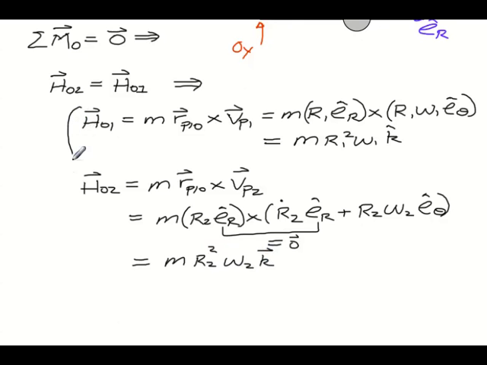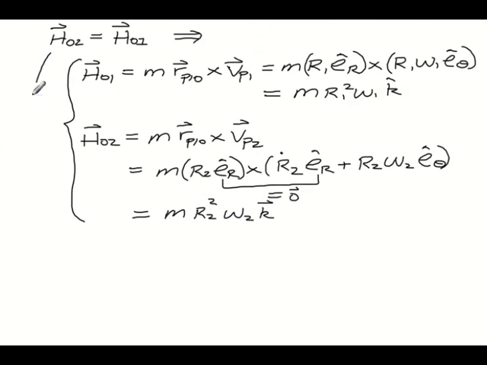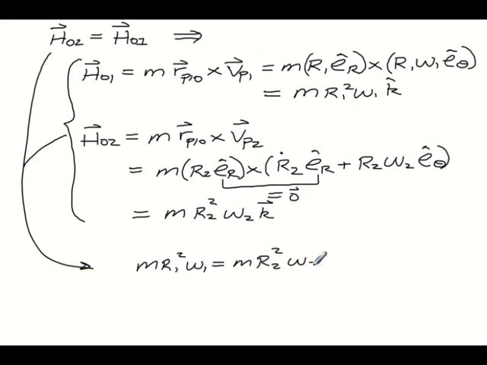And since we showed from our FBD that H is a constant, we have M R1 squared omega 1 is equal to M R2 squared omega 2. So from this we can find the rotation rate of that arm.